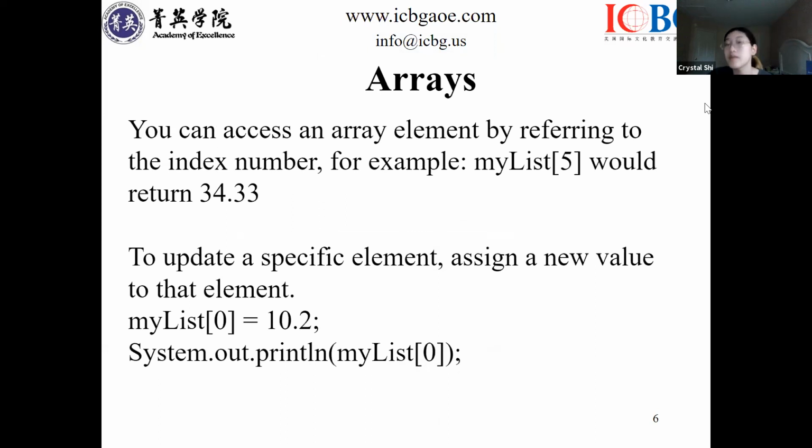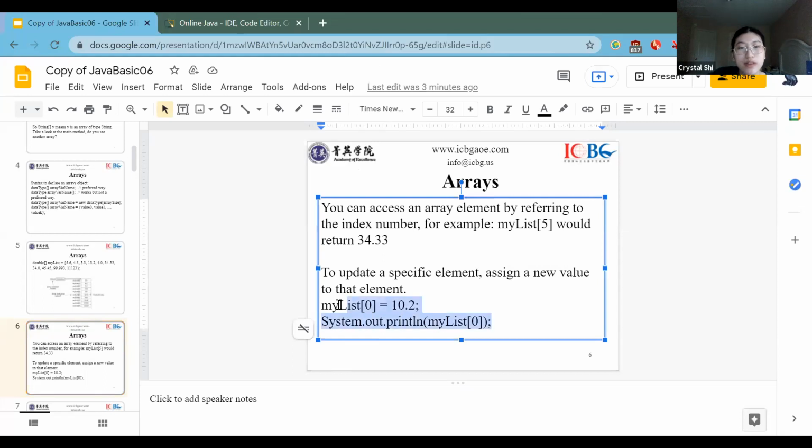However, with arrays, you can update specific elements. You can update a specific index and assign a new value to the element. So if you did my list 0 is equal to 10.2, and then you printed out my list 0, you would see that your list values changed.